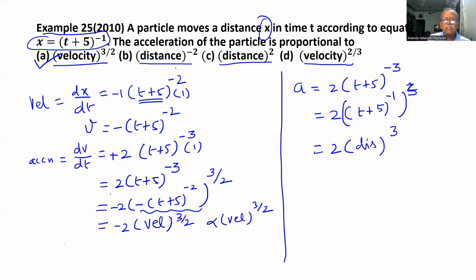But distance here is minus 1 only, that's why this is not correct. This is also not correct because the power is 3. For velocity we got 3 by 2, not 2 by 3. That's why this is also wrong.